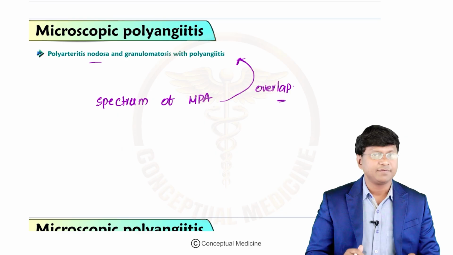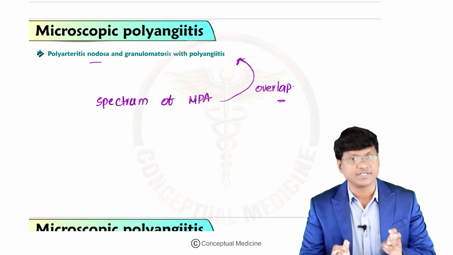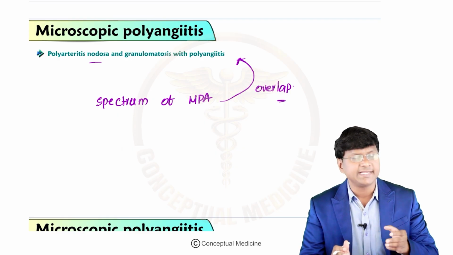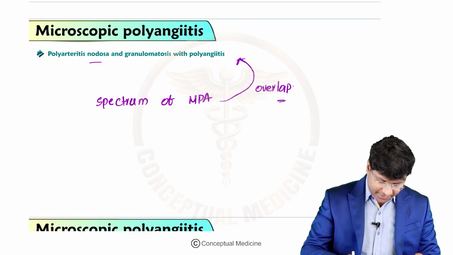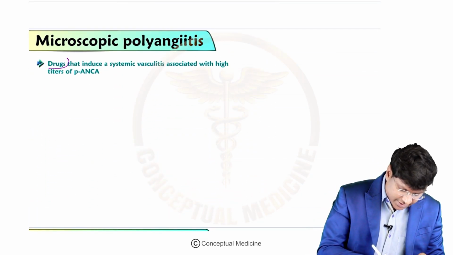Now, apart from that, there are certain drugs that induce systemic vasculitis associated with high titers of p-ANCA. What are those drugs?